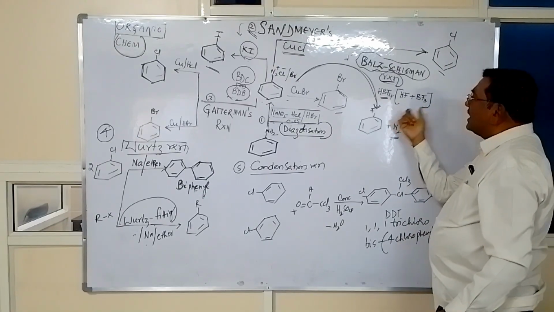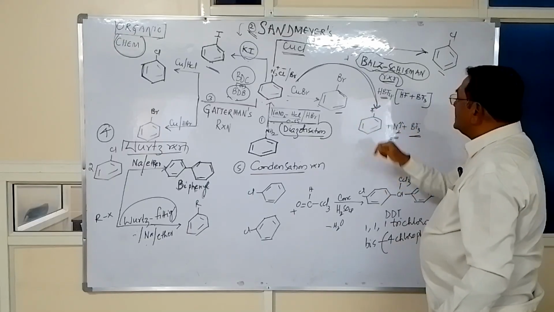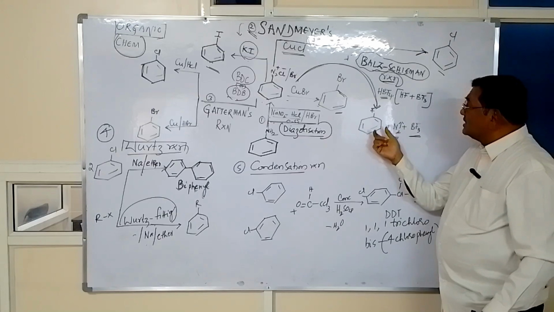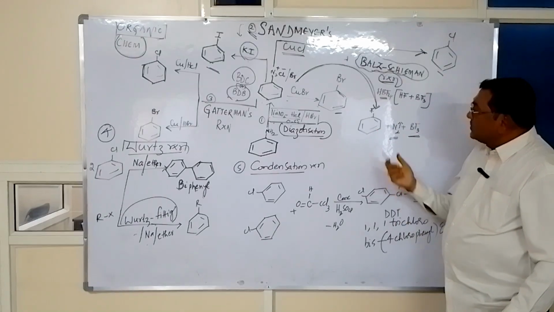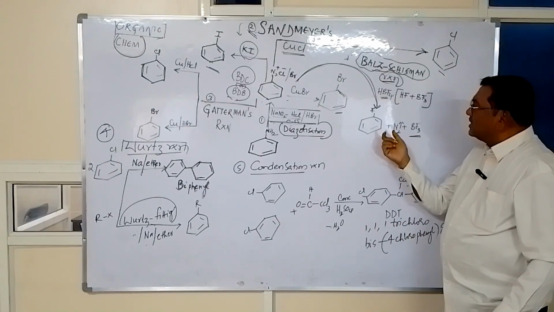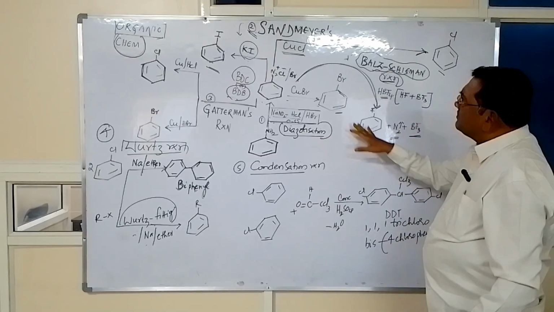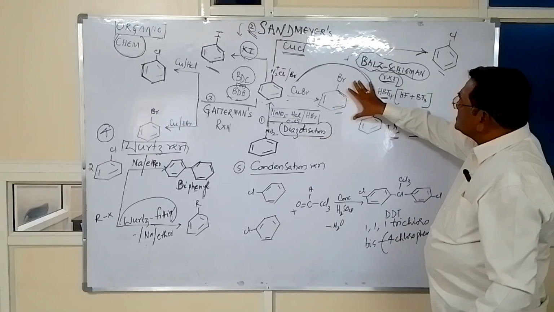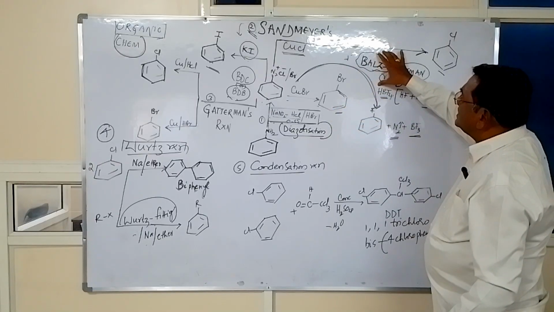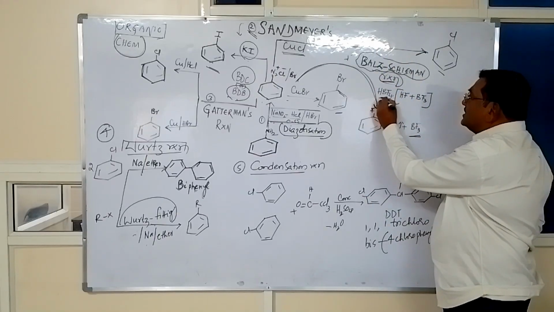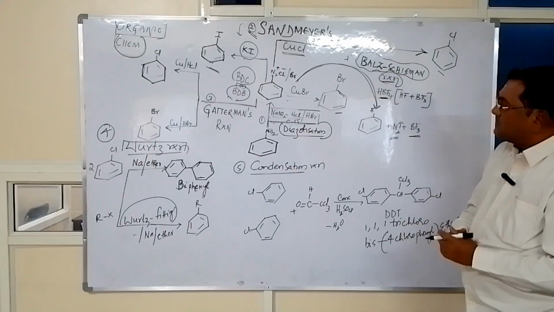But children, I'd like to bring to your notice that the intermediate here is fluorodiazonium benzene diazonium borate. That's not required for you at this juncture, right children? This name reaction is called the Balz-Schiemann reaction. The reagent is HBF4.